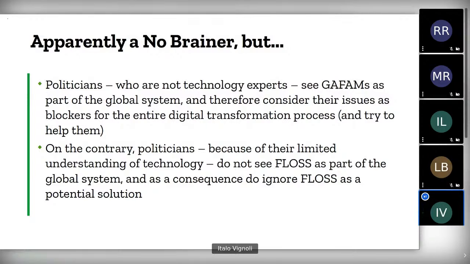On the contrary, exactly because they do not understand technology, politicians do not see free open source software as part of the system, and therefore ignore flaws as if it was not good enough.